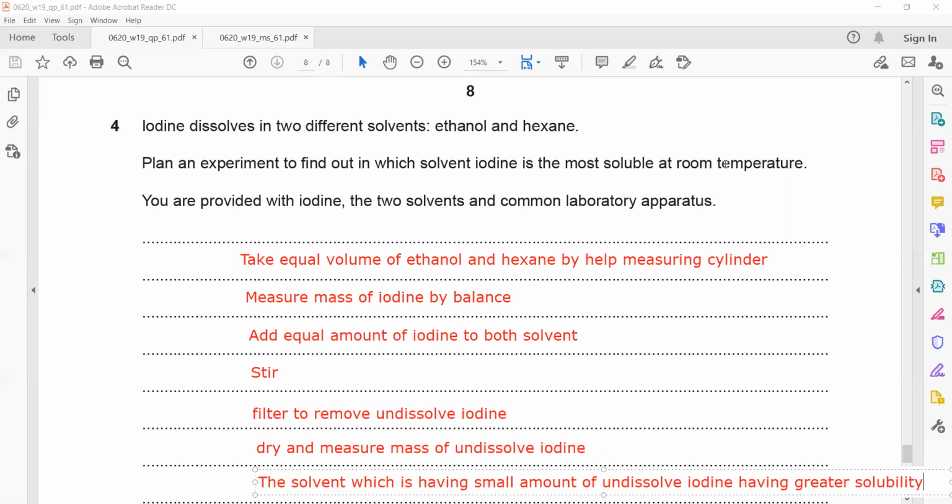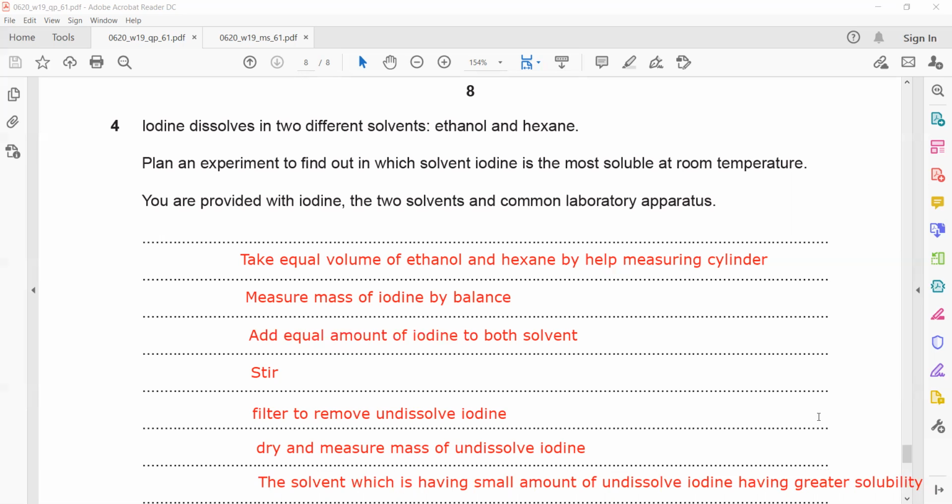So these are the steps, the points which you will identify: the one which is having a small amount of iodine left. It can also lead to a color change.